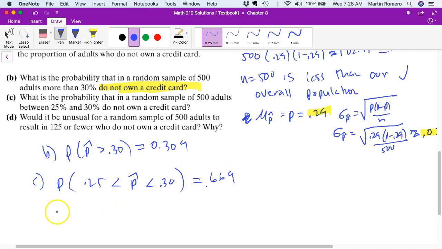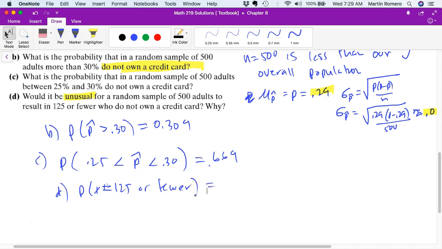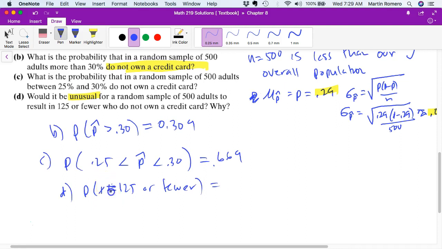Let's go ahead and answer part D. Would it be unusual, and get the key term there, unusual, for a random sample of 500 adults to result in 125 or fewer who do not own a credit card? So the probability that X equals 125 or fewer. From the last problem, we need to convert that 125.